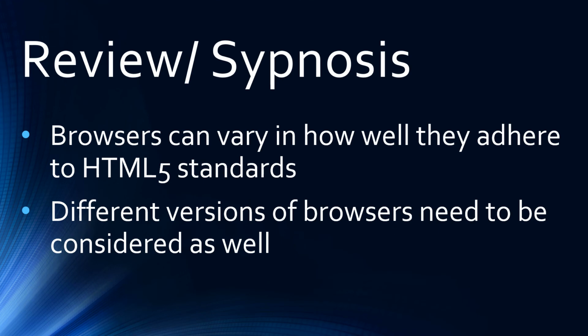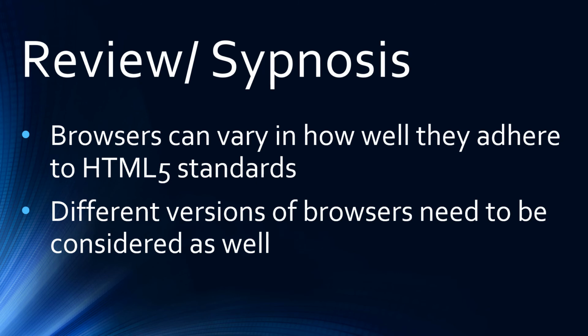So what I want you to take away from this is that browsers can really vary in how well they adhere to different standards. And different versions of browsers also need to be considered as well. Just because something didn't work in 2018 doesn't mean it won't work in 2019.